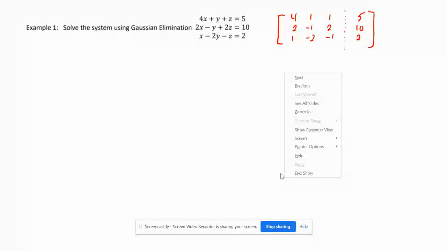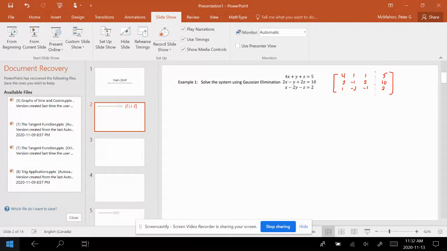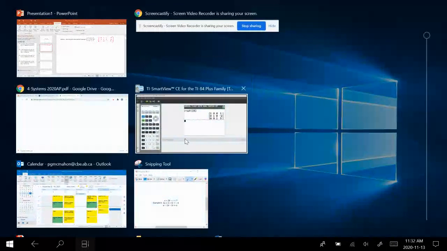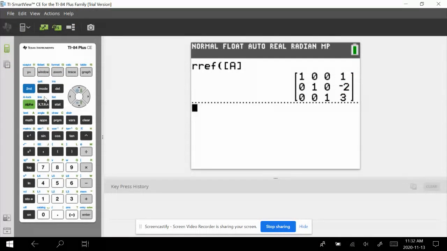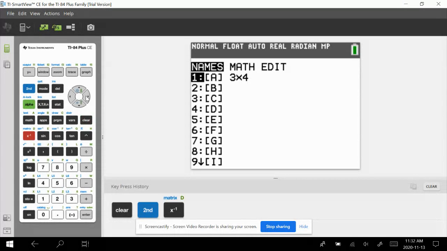Now, the way that we're going to do this is, we're going to open up our calculators, our TI-84 Pluses. Okay, and there's a matrix button right here. So we're going to go second matrix. And the first thing we want to do is edit this matrix over here.